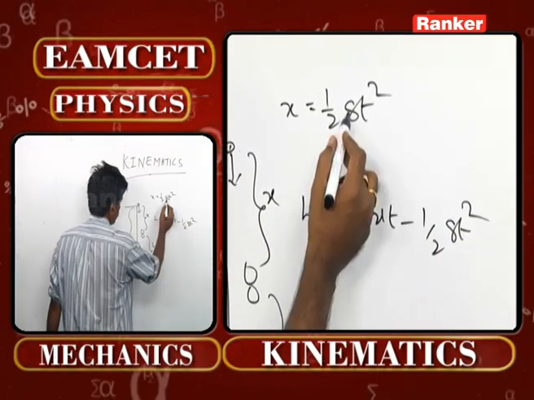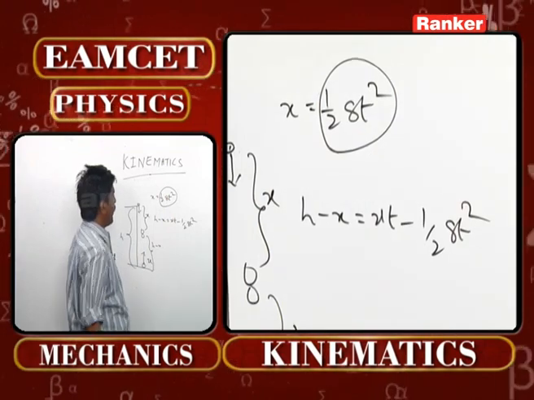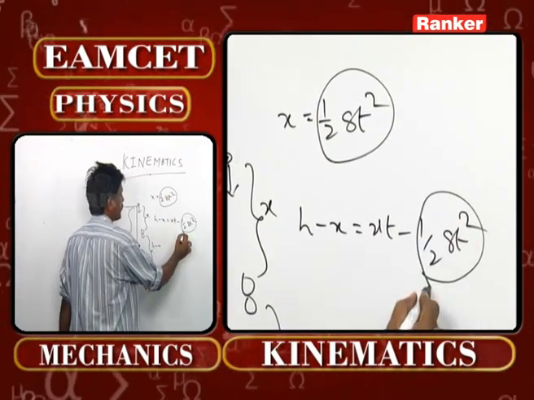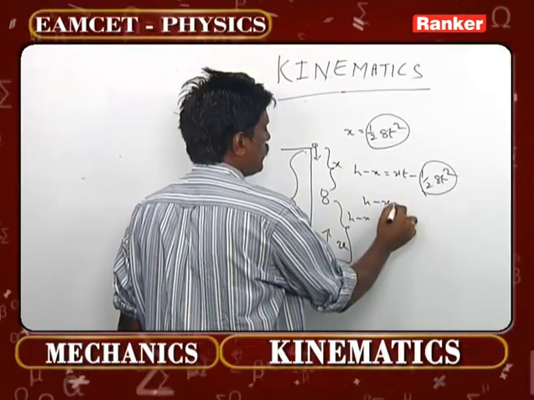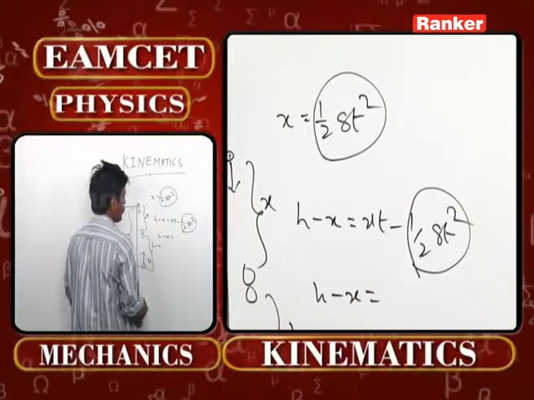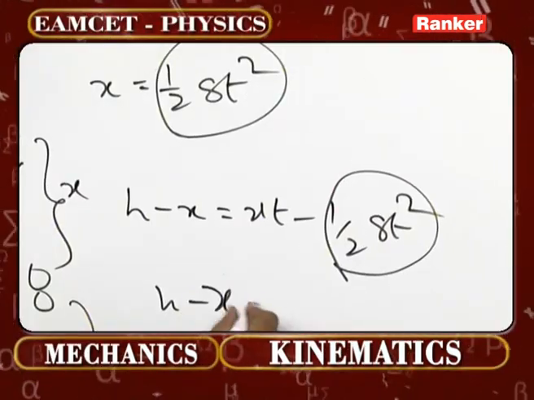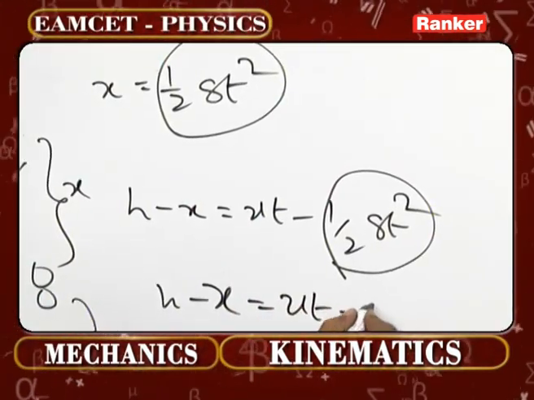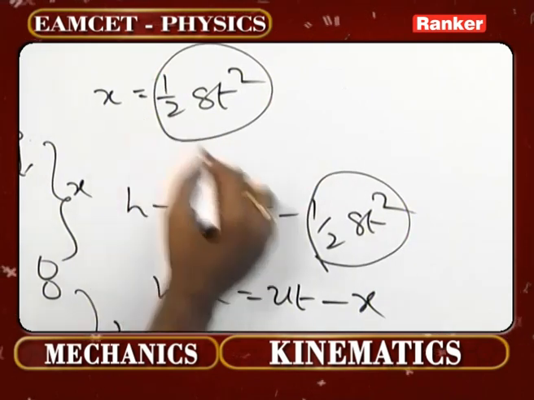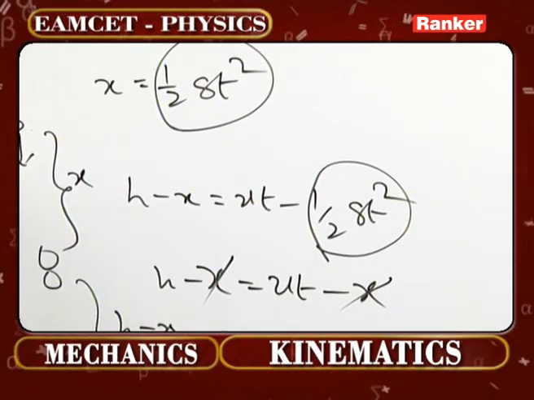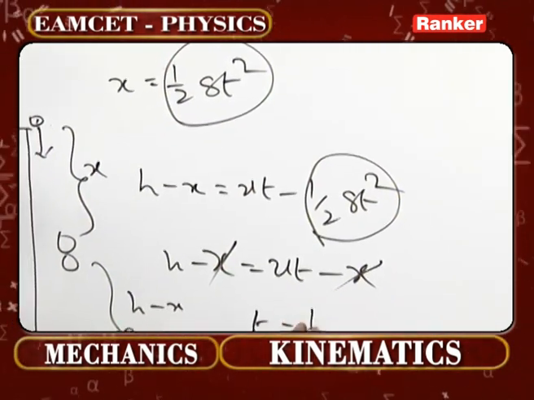Now, if you write (1/2)gt² = x here, h - x = ut - x, because from the first equation, x gets cancelled. So, t = h/u.